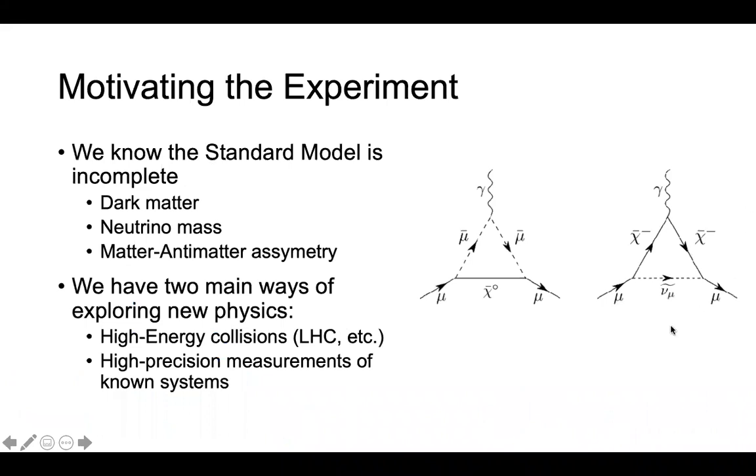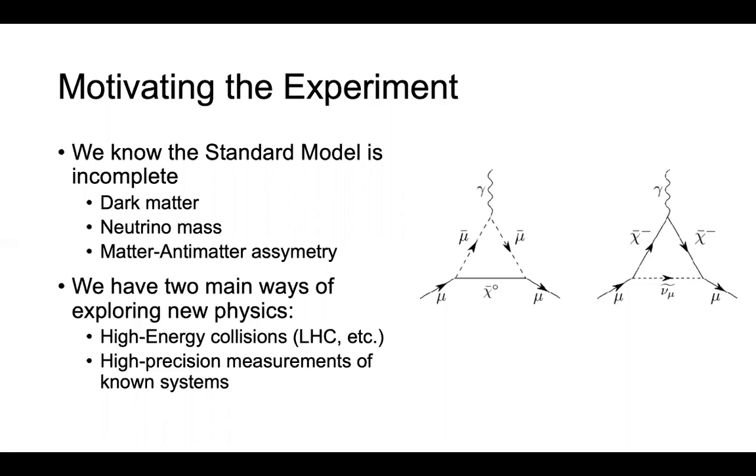So just to motivate this experiment, we've known for a really long time that the standard model is incomplete. We have a lot of different confirmations of this, but we need ways of probing this question. One way that we do that, and the way that we do that actively at Muon g-2, is through a set of high precision experiments where we are trying to find some physical system where we know how to calculate everything about the system to a really high degree of accuracy.